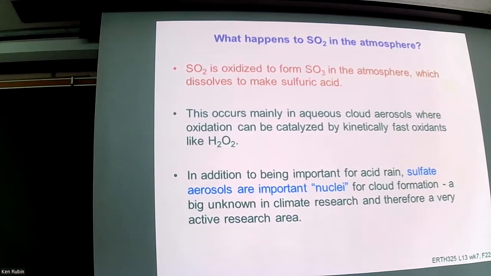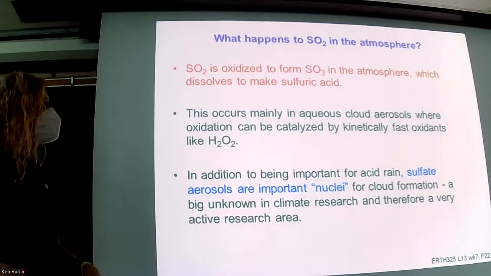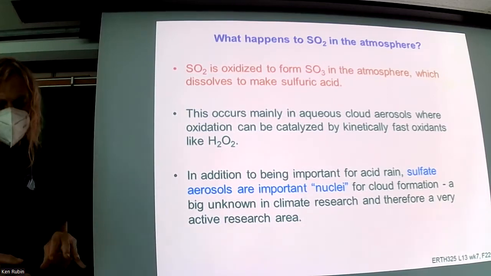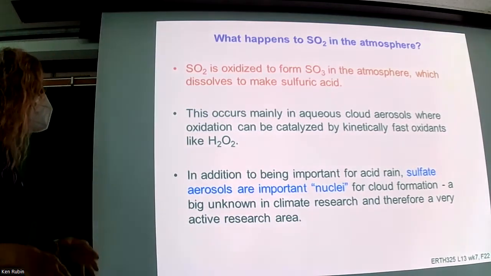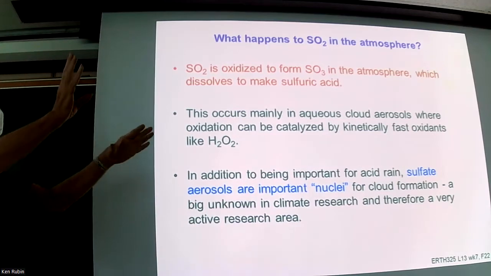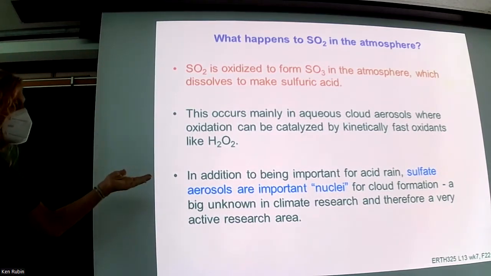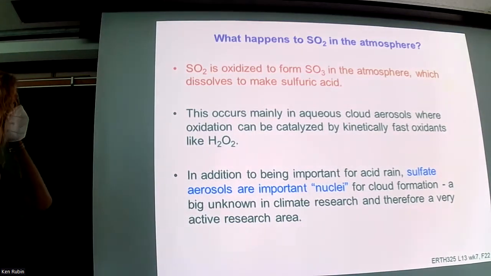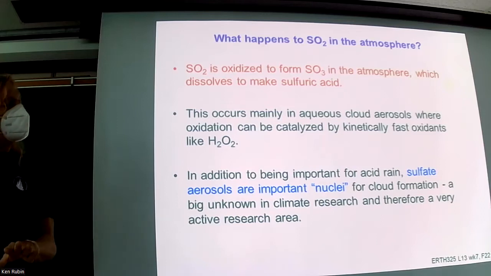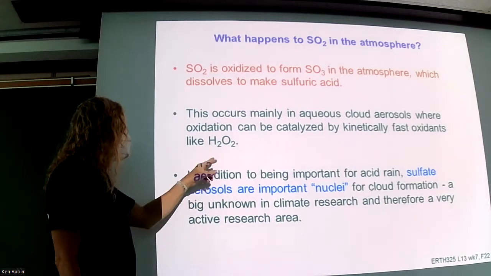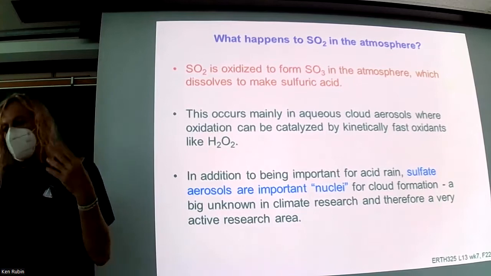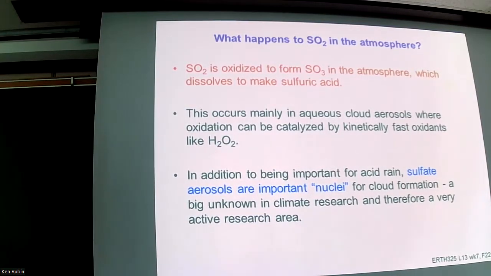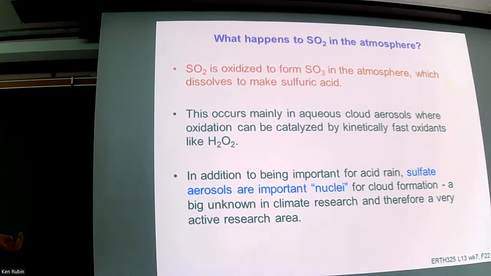So the sulfur is oxidized, right? And this happens on aerosol particulates, primarily in the troposphere, but some of that sulfur can be transmitted through the tropopause up to the stratosphere, and it oxidizes up there as well. And in addition to hydroxyl radical, we have other oxidants in the lower atmosphere, again, produced primarily by human activities, such as hydrogen peroxide, which breaks apart to make two hydroxyl radicals.